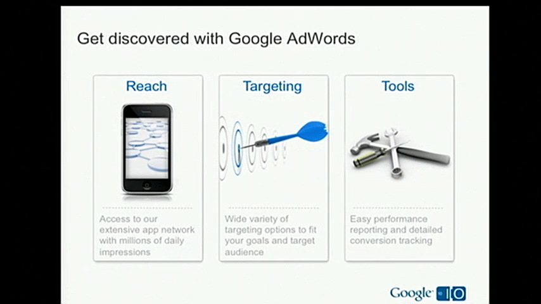We've got some great ways to target ads by carrier, by device, by location, and all the ways that we traditionally do for desktop ads, things like placements and keywords, obviously. All of these things are fundamental. And finally, there are the tools that you need in order to measure and monitor your campaigns and track conversion so that you know that your advertising is effective.